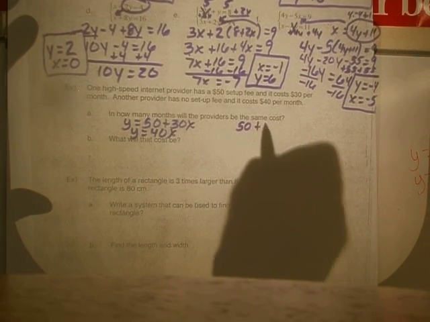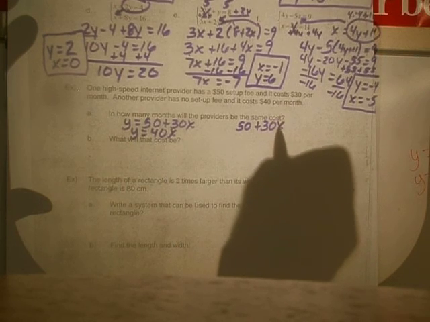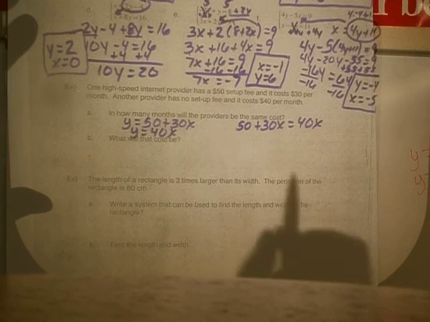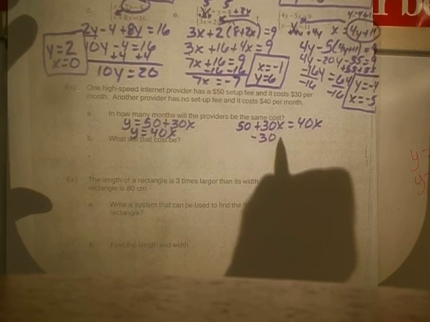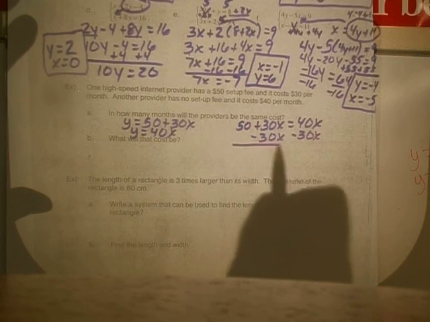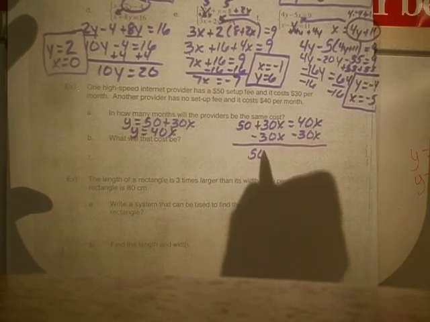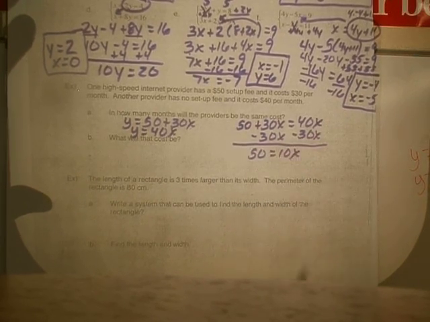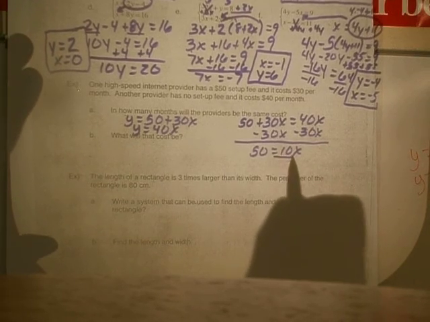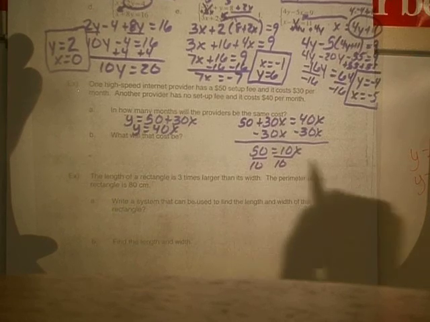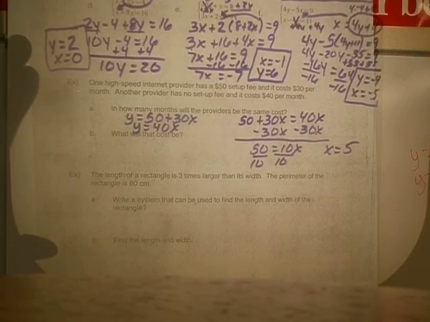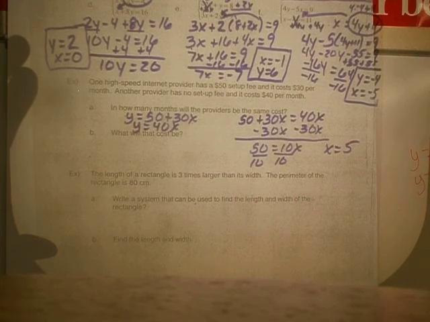So we will do 50 plus 30x equals 40x. Solving that, you are going to subtract 30x from both sides, and you have 50 equals 10x. Dividing both sides by 10, your x equals 5. That means after 5 months they will have the same cost.